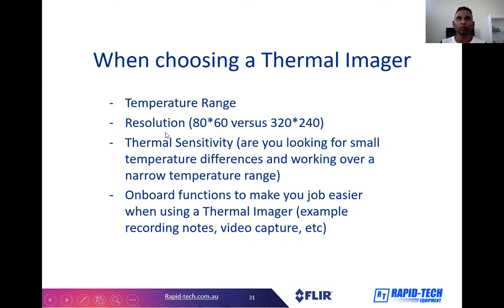Resolution is very important. The 80 by 60 resolution is classified as low resolution, because if you multiply that out, that's 4,800 pixels. Whereas if you move up to 320 by 240, you're now working with 76,800 pixels. So you get a lot more information with a high resolution camera.